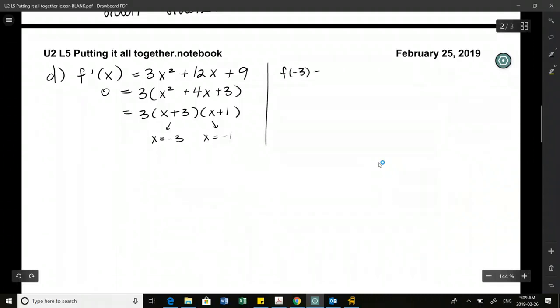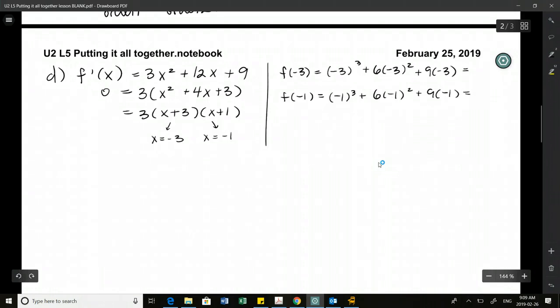We'll evaluate f at -3 and f at -1 so that we have their y-coordinates. So just subbing these into the original function to get the critical points. Okay, I'll let people out there calculate those quickly for us.